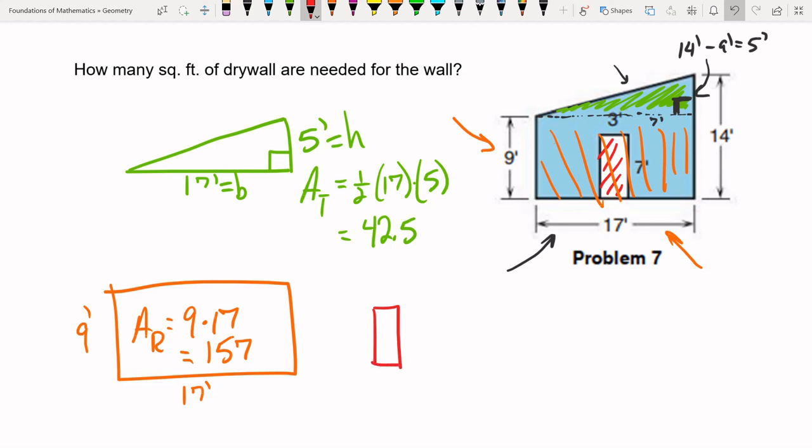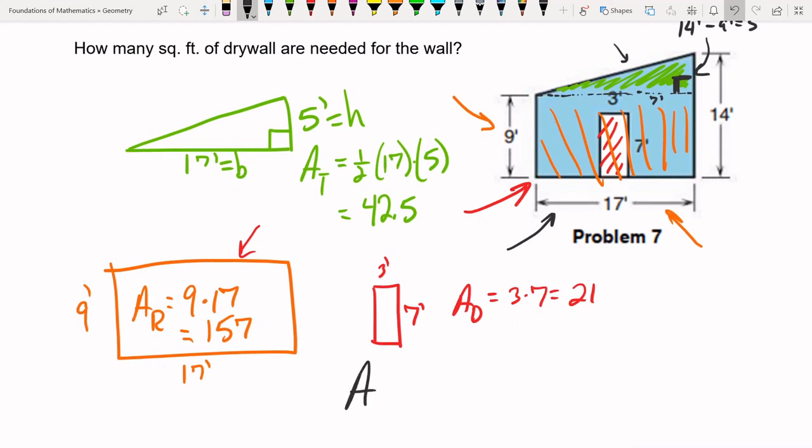If we subtract the doorway area off of this entire square, then we will know the area of this thing without the doorway in it. So the doorway is just 7 feet by 3 feet, and it's a rectangle. So the area of the doorway equals base times height, which is 3 times 7, which is 21.